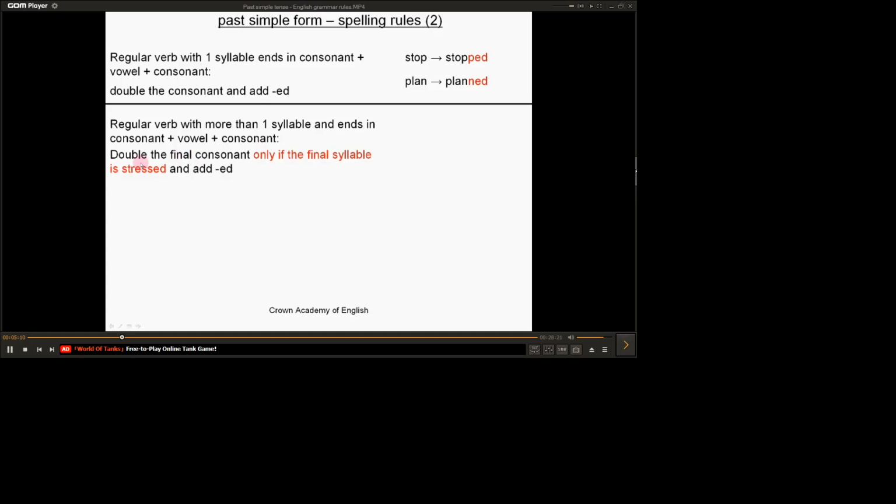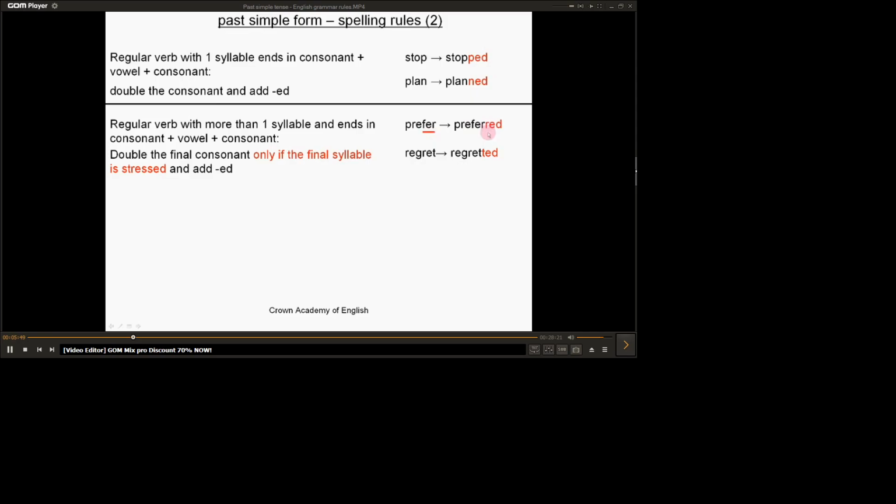And you can see here we stress the final syllable. When we say prefer, we stress the last syllable. So that is why we double the consonant and we add ed. It's the same with regret. With regret, we stress the final syllable. That is why we double the consonant and add ed.